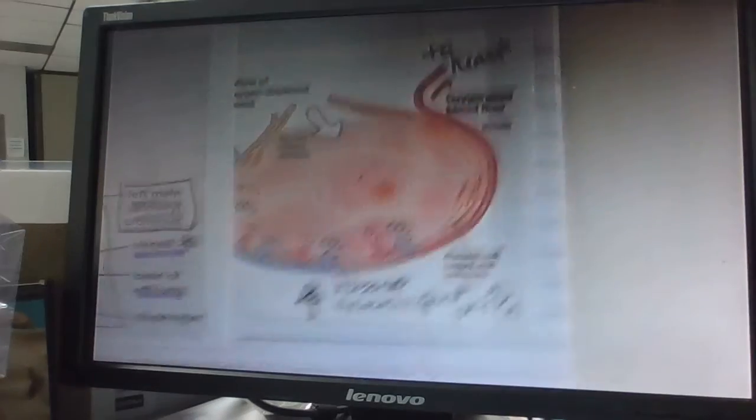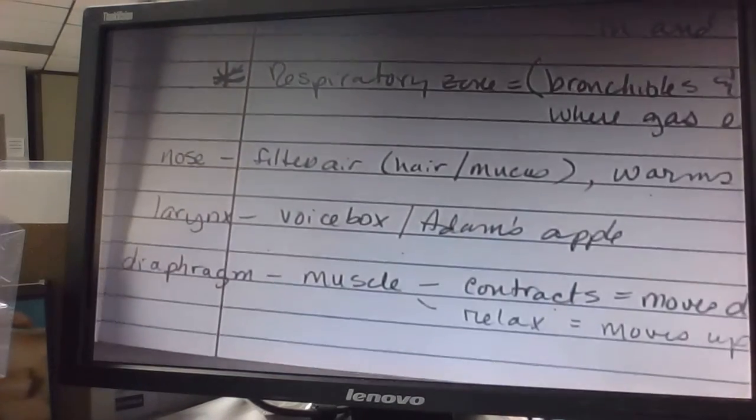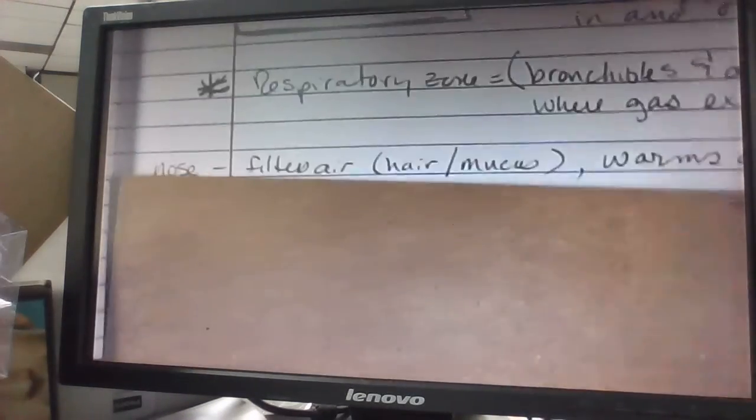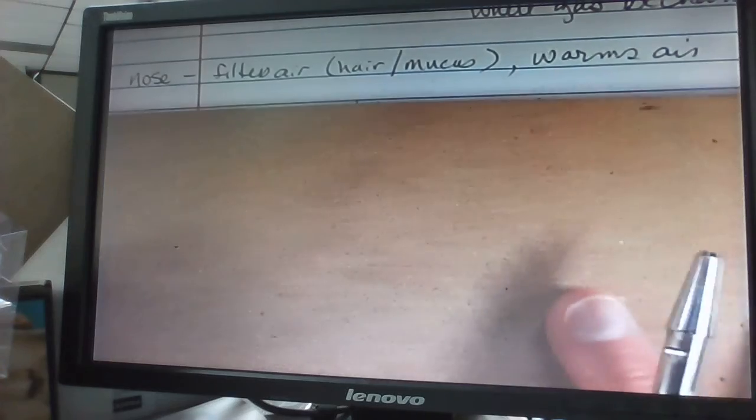A couple things I want to make sure that you have. Function of your nose. What do we need our nose for? All right, so all of those annoying little nose hairs, all of that lovely little mucus, it actually has a purpose.